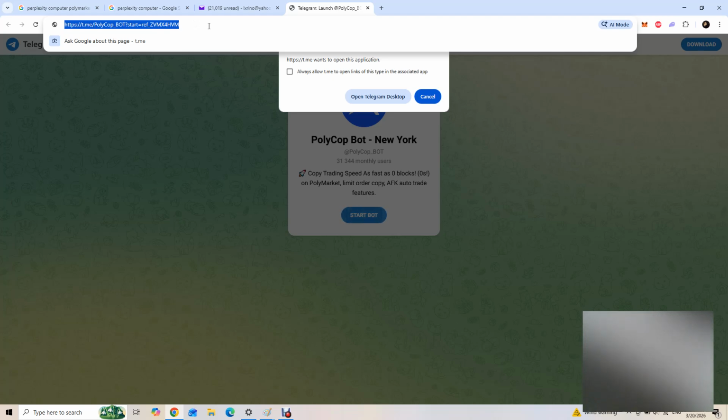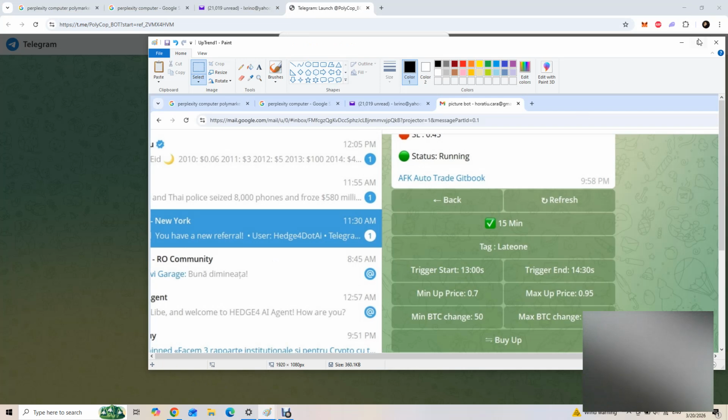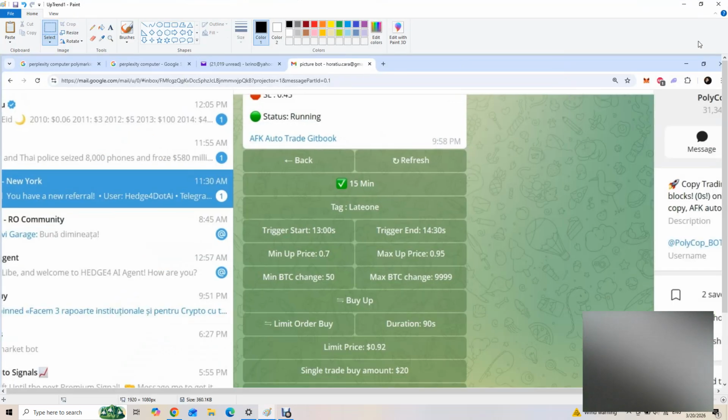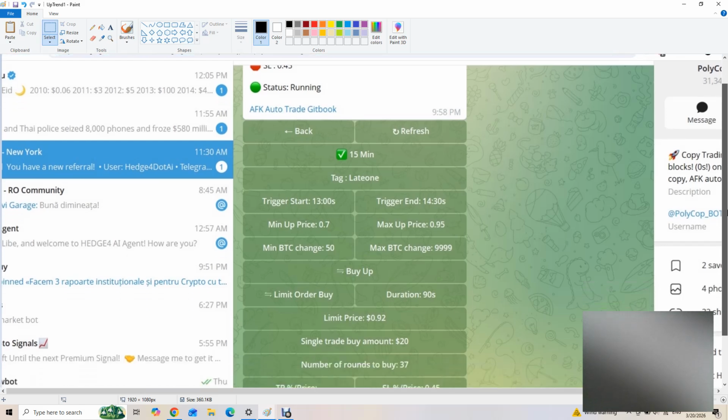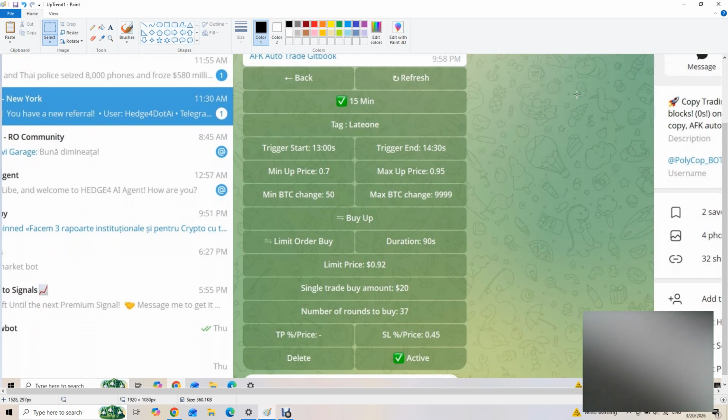All right, so let's do this, and this will prompt you to the bot, and the bot looks like this. First, I'll ask you to set up these, and the first one is the uptrend. It will prompt you. After that, you will go to wallet and you will deposit some money.